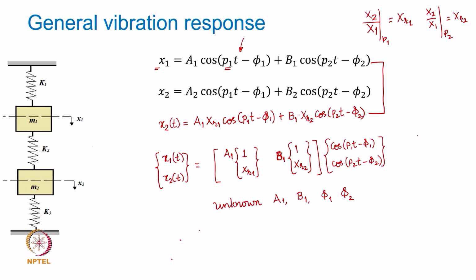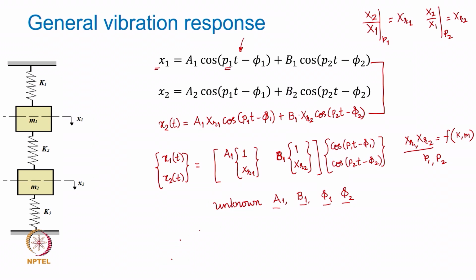In fact, XR1, XR2 are also functions of your K, M, the system properties or the mass and stiffness properties. So, they are actually known through eigenvalue analysis. The way we find out P1 and P2, you can also find out XR1 and XR2. So, they are known, only unknowns are A1, B1, phi 1 and phi 2.